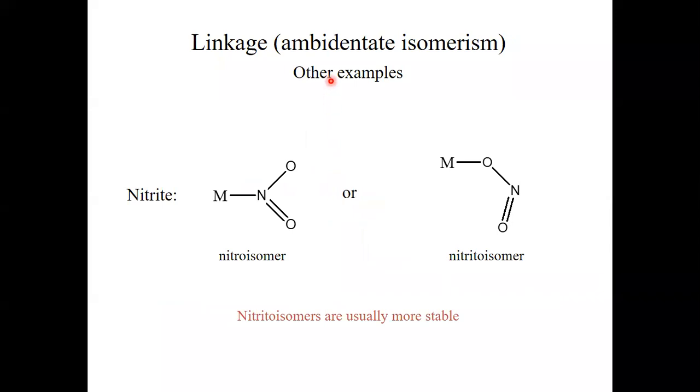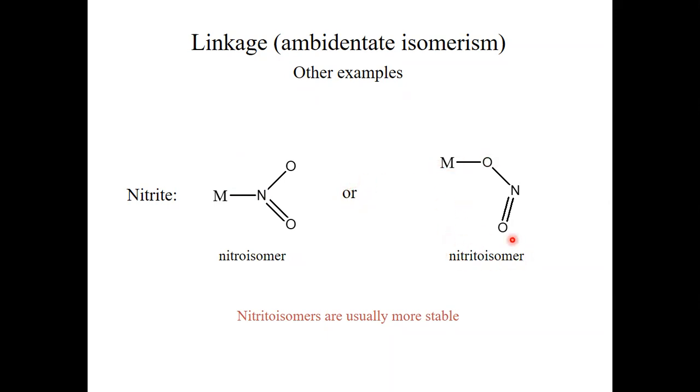All right, now here, really now just one other example for an ambidentate ligand. So the nitrite anion is another example of a ligand that can do this. So the nitrite anion can either bind the nitrogen to the metal, in this case it's called the nitro isomer, or it's being bound with the oxygen to the metal.